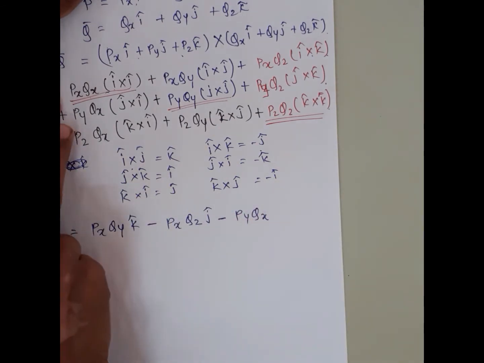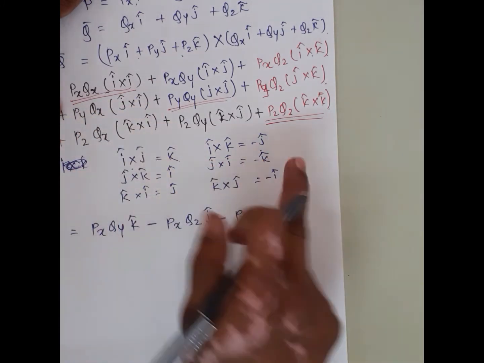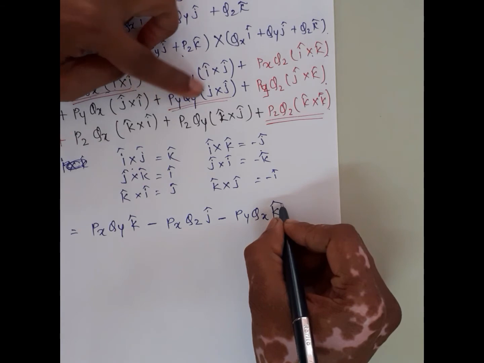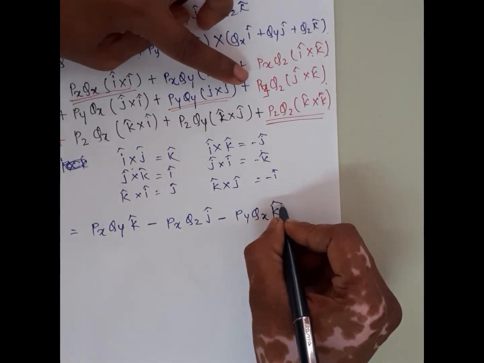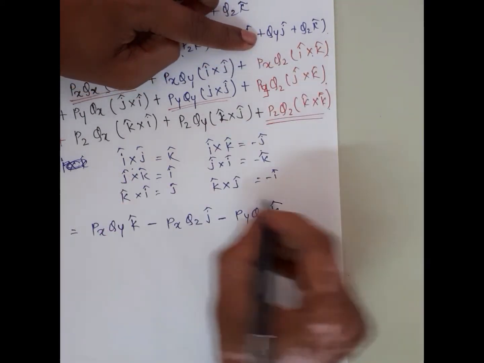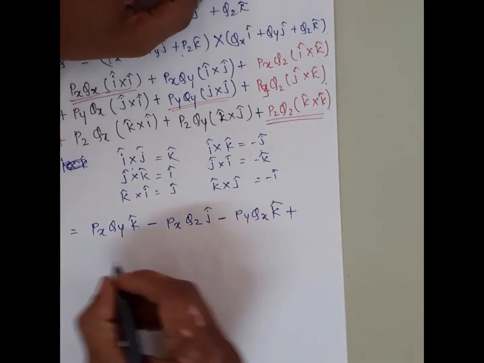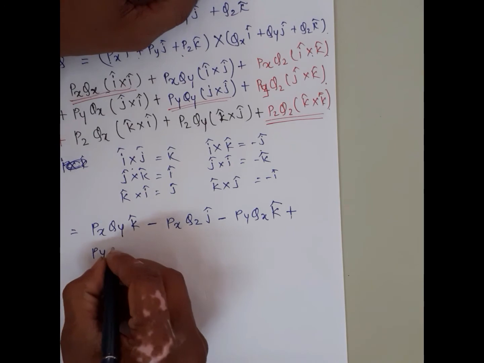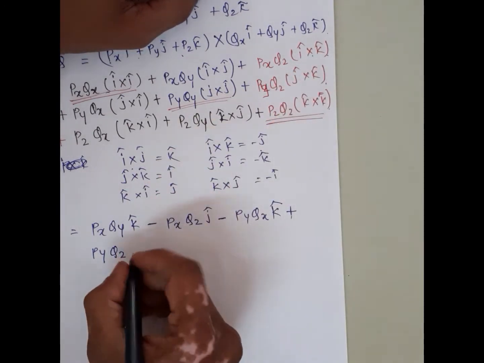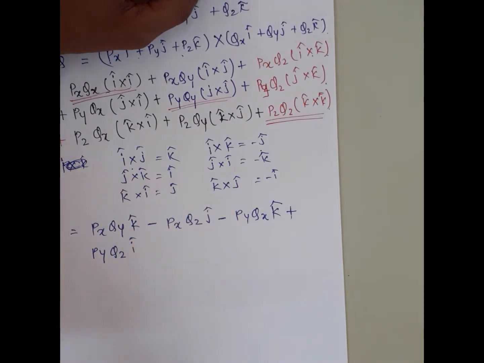PyQx, J cross I is minus K, K cap, again this will be 0. Then PyQz, J cap cross K cap, that is I cap, so here we write plus PyQz I cap.